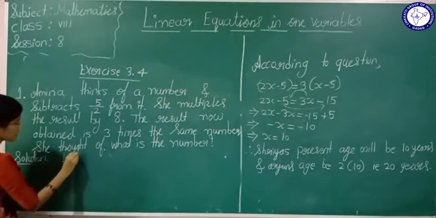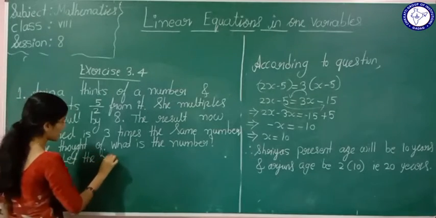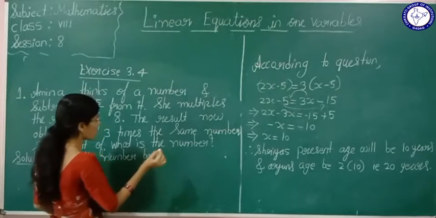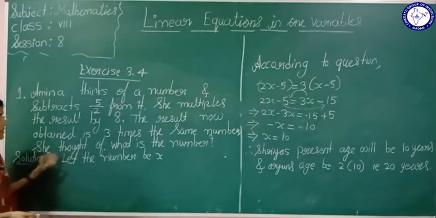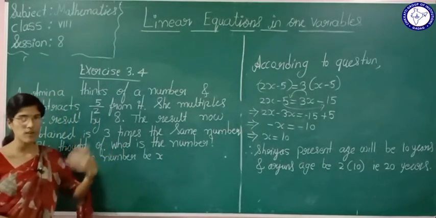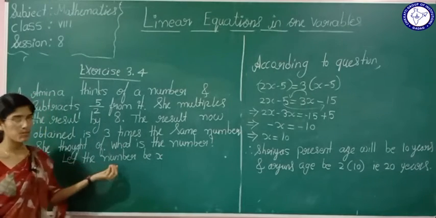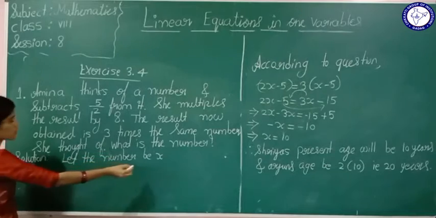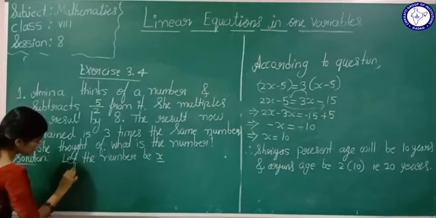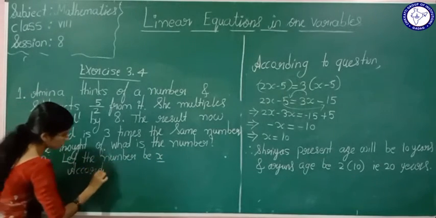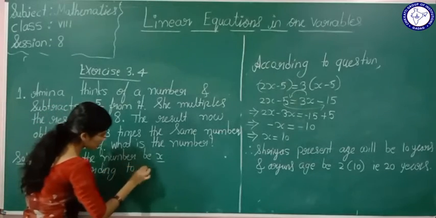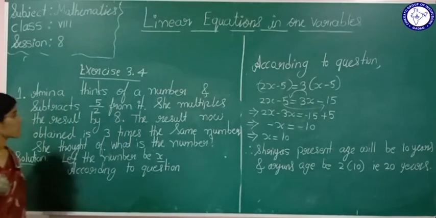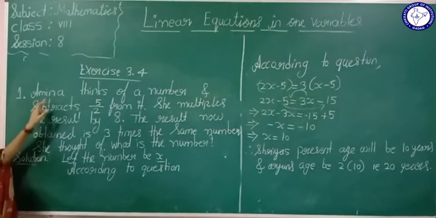Let the number be x. They told what number Amina thought, and that we have to find out, so we take let the number be x. According to the question, what can we write here?